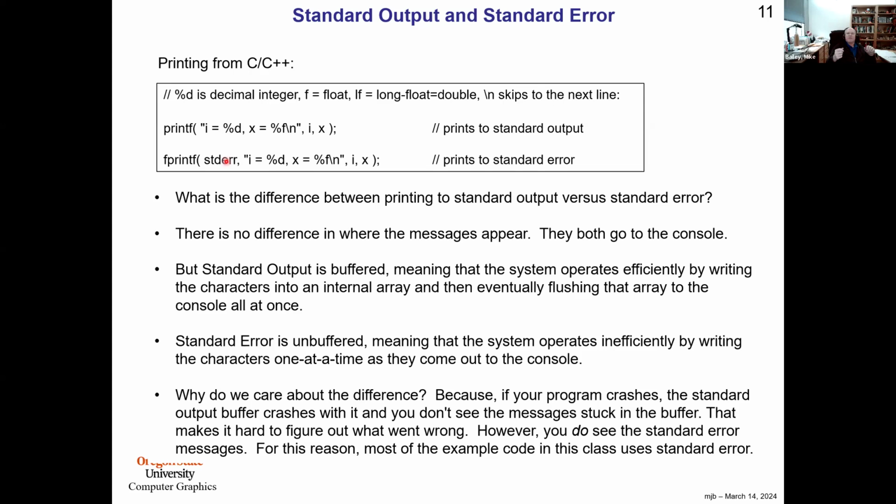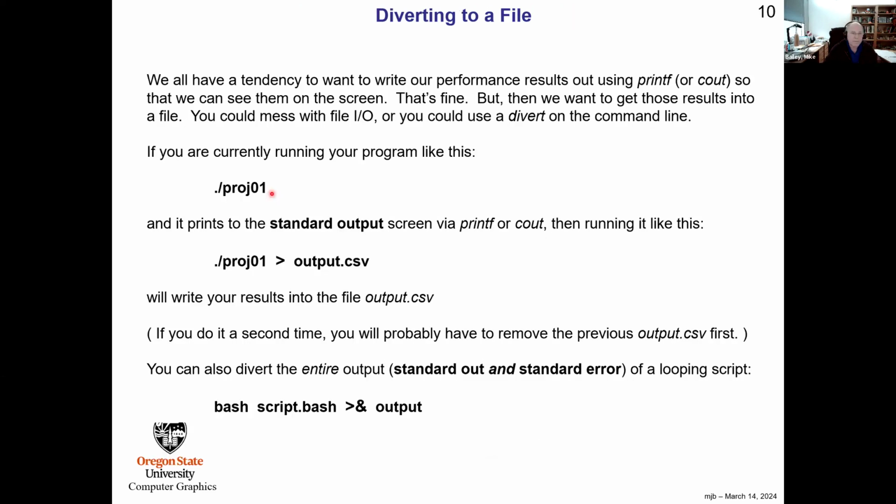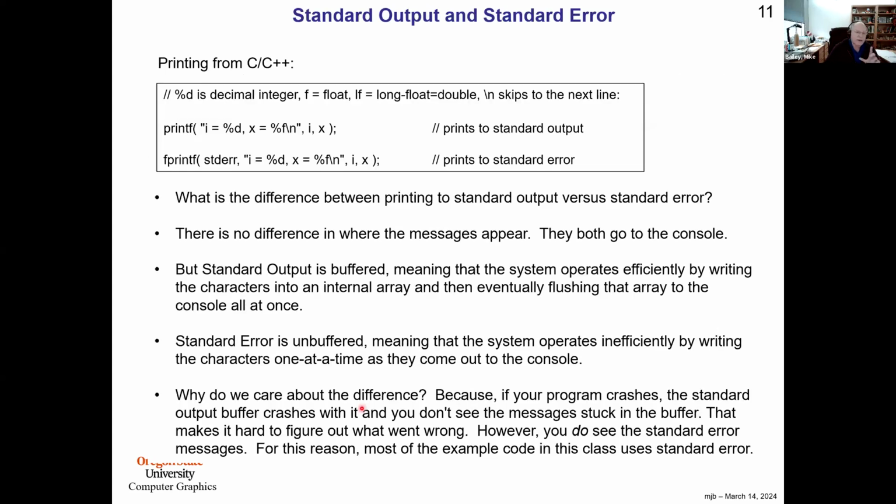And so you might have some crucial message sitting there that will give you a clue why your program's crashing, but you don't get to see it. Whereas standard error, you get to see everything, even if your program crashes. So yes, you will see this all through the sample code. I like printing to standard error, which means when you divert to a file, you want to use this greater than ampersand. That says take both standard output and standard error, send them to a file.